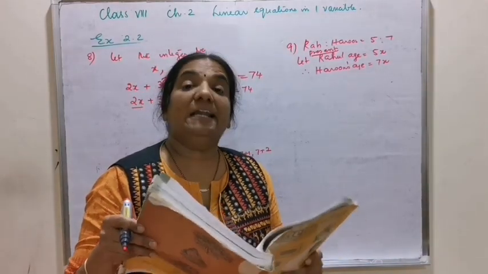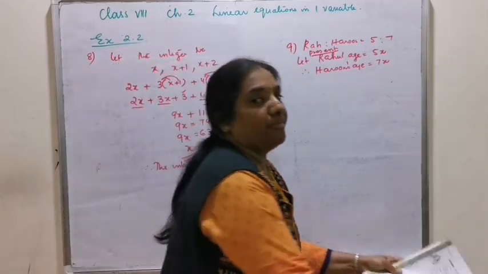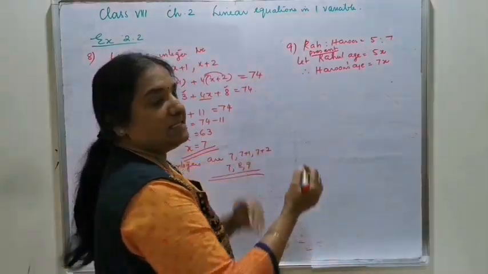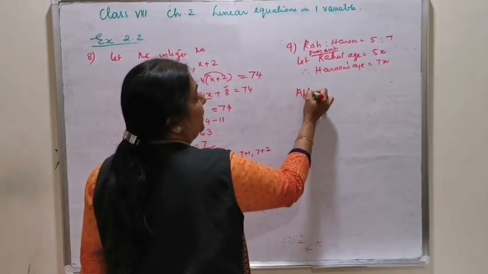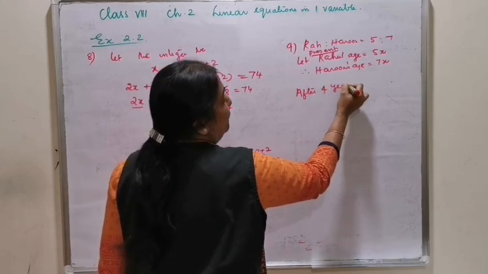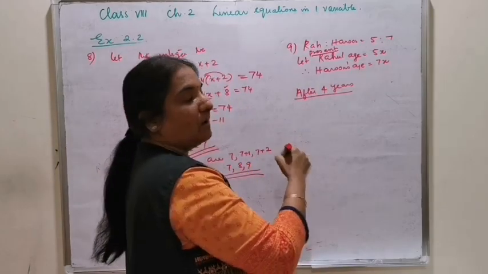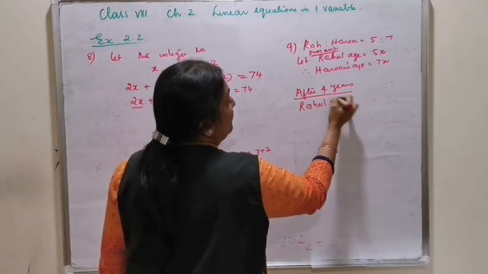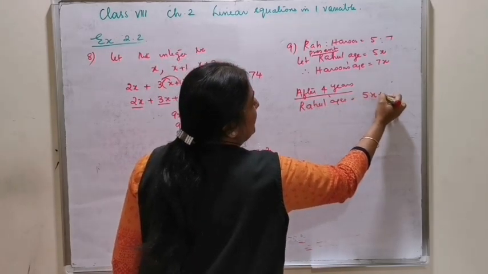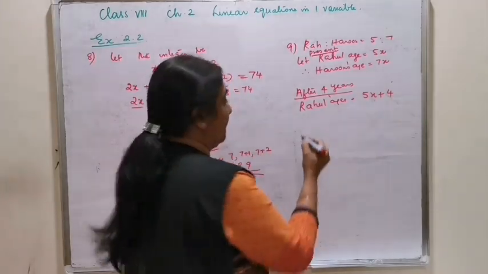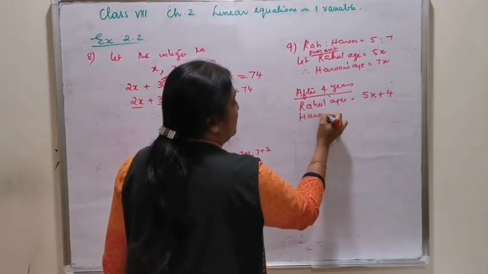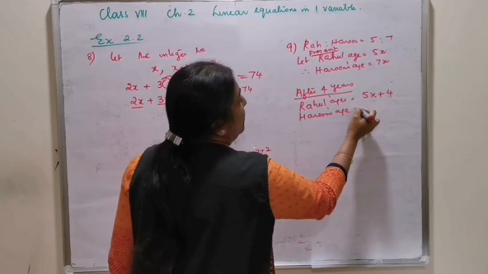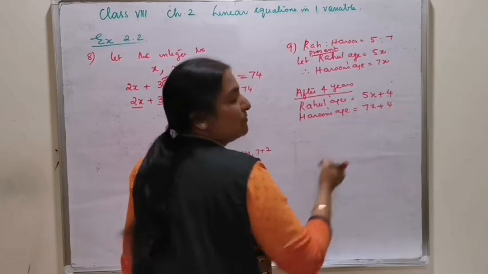4 years later. So, what will be their ages after 4 years? After 4 years, automatically Rahul's age will get increased by 4. Harun's age also will get increased by 4.